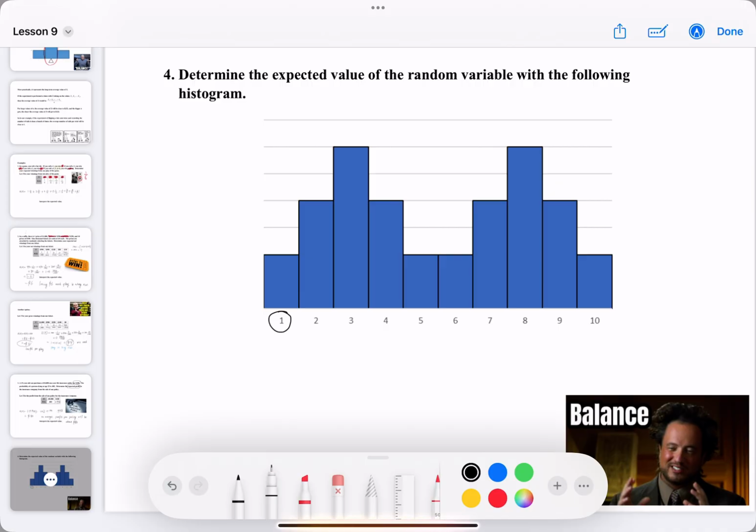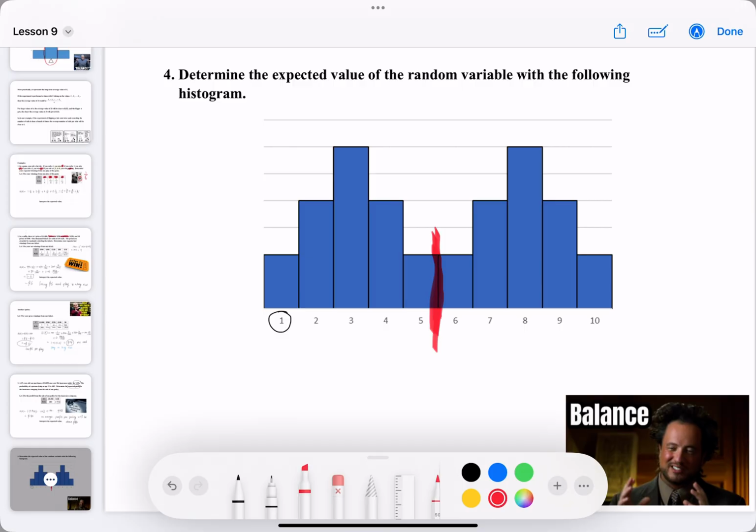But we have learned that the horizontal balance position of the histogram represents the expected value. So we find the balance point. Where is that balance position? Here you see this graph is symmetrical along this value.